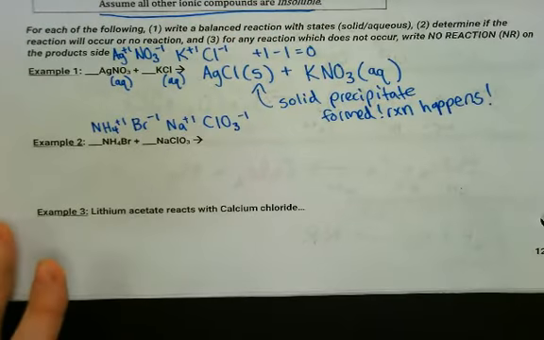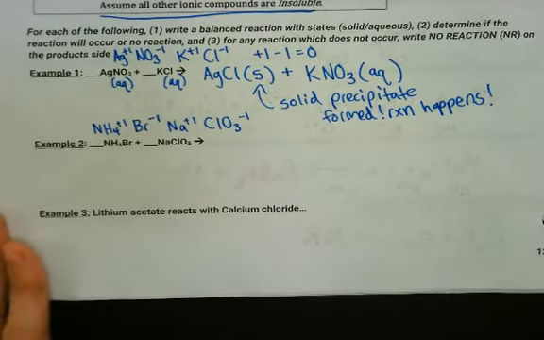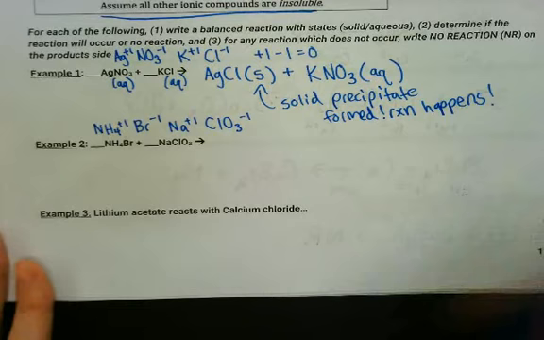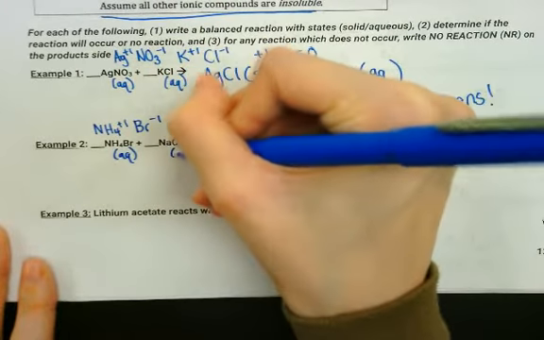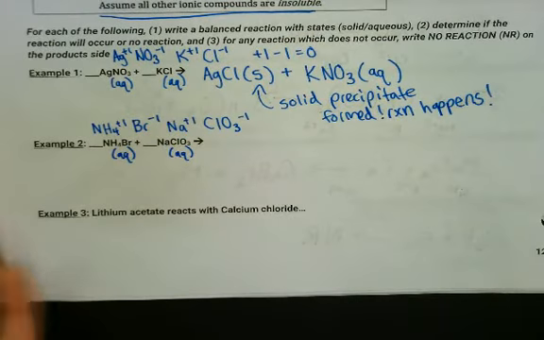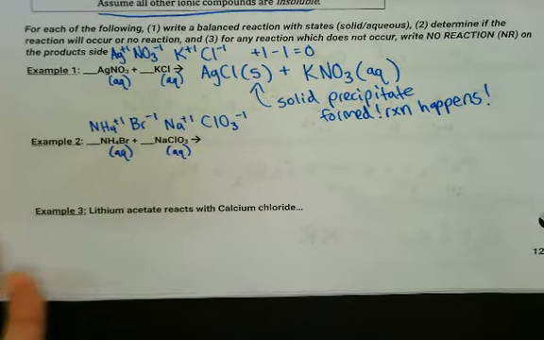And the chlorate ion has a -1 charge. Again, you can look at your polyatomic ions chart to figure that out. Those are all my ions that we're going to have floating around in our solution. We're going to have these 2 compounds dissolved in water, and those ions are going to be floating around.